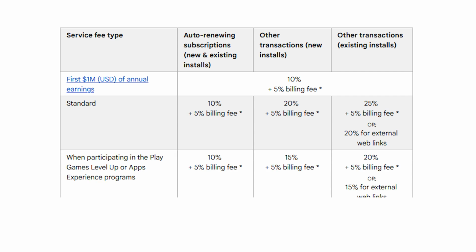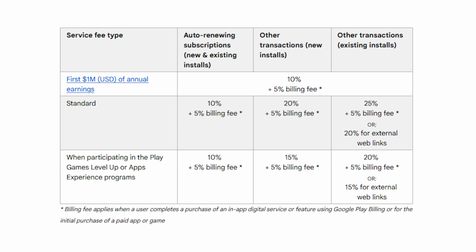If you're selling subscriptions and you're using Google's own checkout system, you'll pay a 10% service fee plus a 5% billing fee, which means that the total is still 15%. So, in practice, not much has changed for subscription apps. However, one-time purchases are now a little bit more complicated.